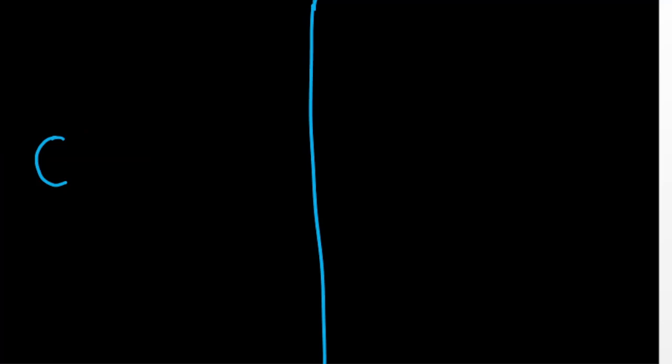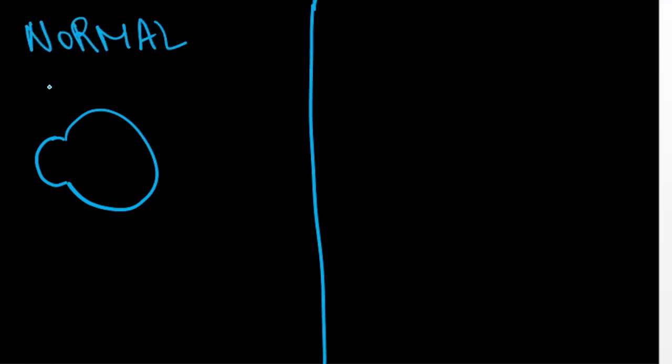This is your normal eye, like us, like everyone who has a normal eye. Far away, some light rays are coming, striking our eyes. Let's say a girl is standing here, or whatever you want to imagine, and the light rays are striking the cornea.